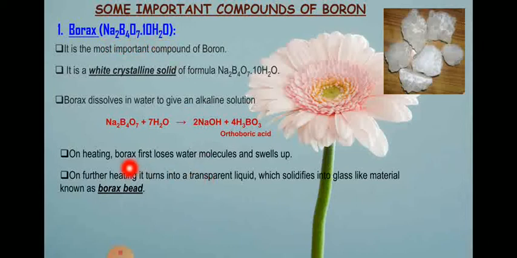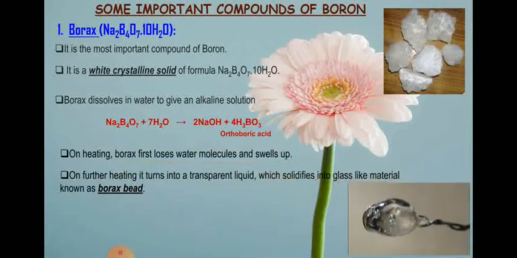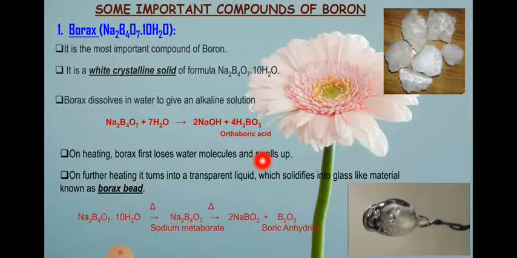When further heated, this borax turns into a transparent liquid, which upon cooling solidifies into a glass-like material that is known as borax bead. You can see in this picture, it looks like a glass, but actually it's not a glass. It's a borax bead.